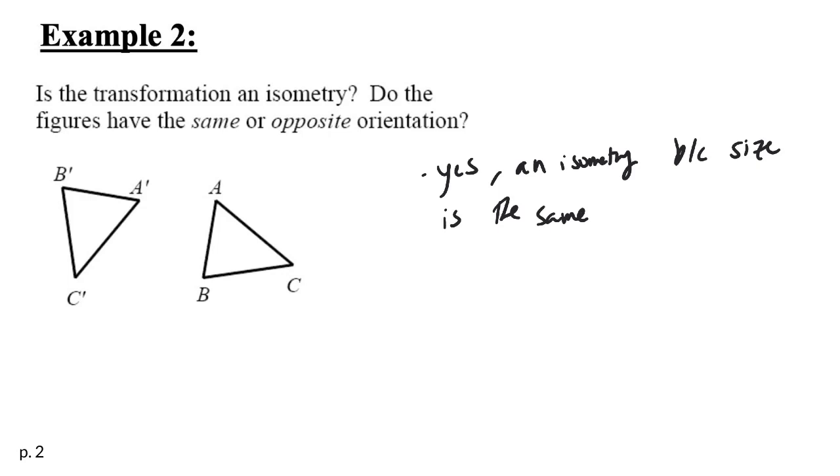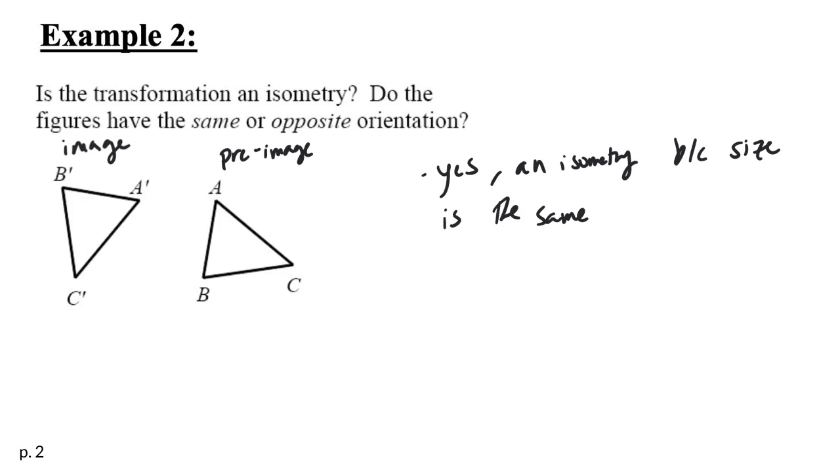I'm going to do the same thing I did last time and label my pre-image and my image. I know that triangle ABC is my pre-image because of the lack of prime symbols, and this is my image, triangle A prime, B prime, C prime, because of those prime symbols.